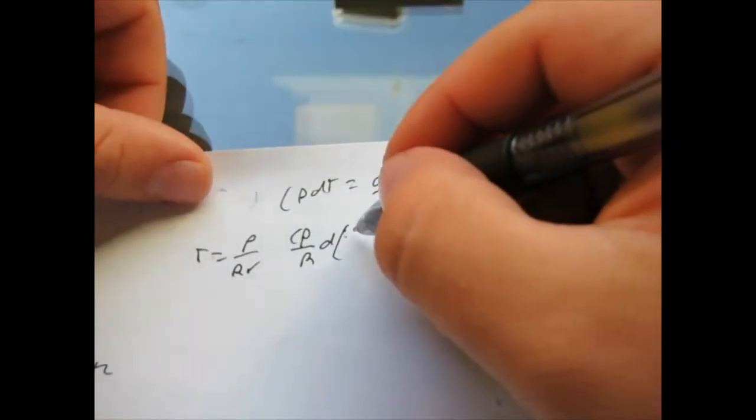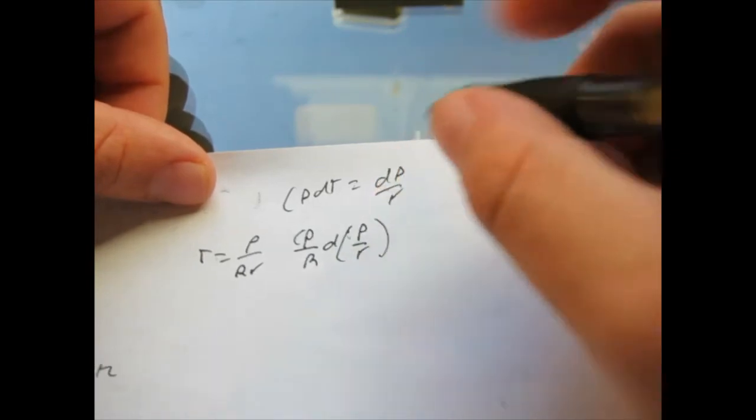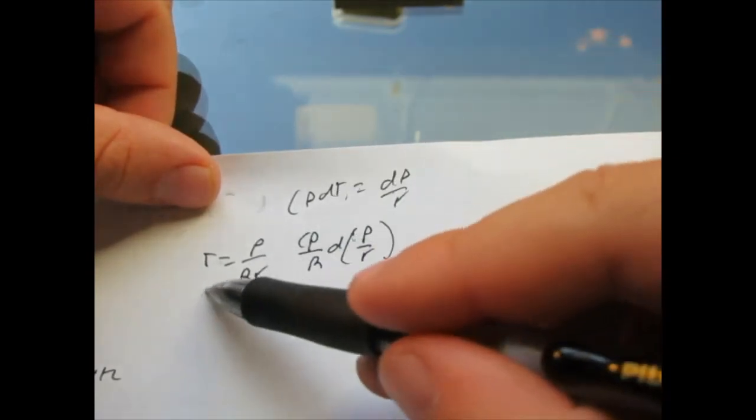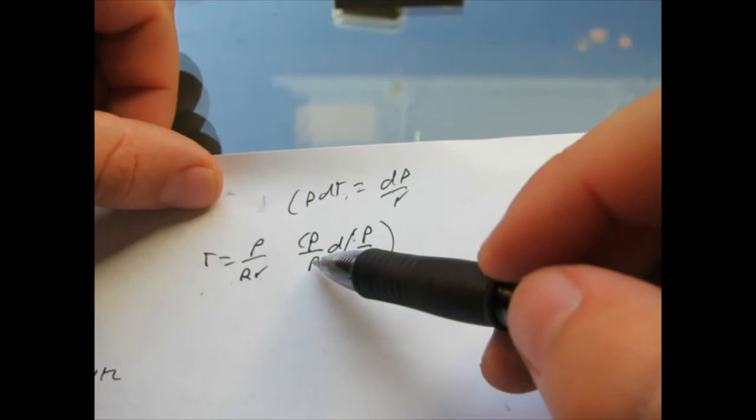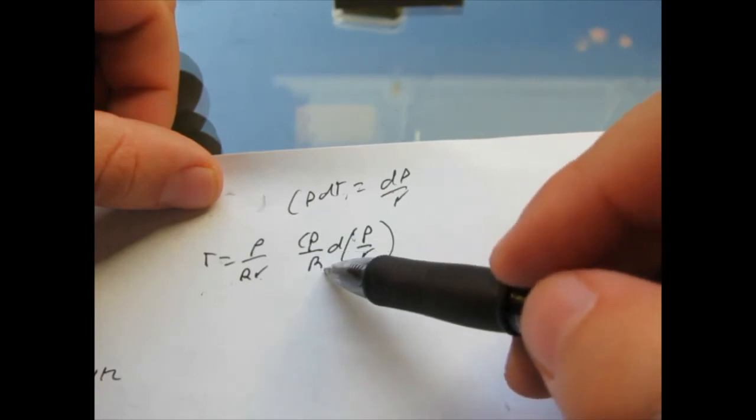So we know previously T equals P divided by R rho. So then we're going to do Cp over R, but then we're going to replace T here with this P over R rho. So we're inserting the T from this equation. We're bringing out the R because that's not going to change.